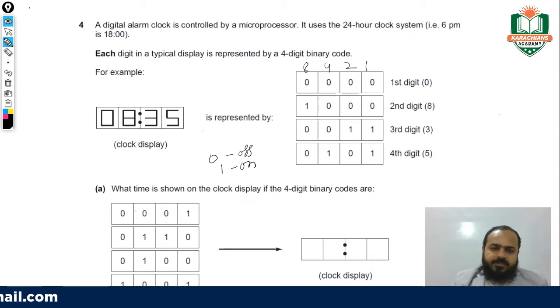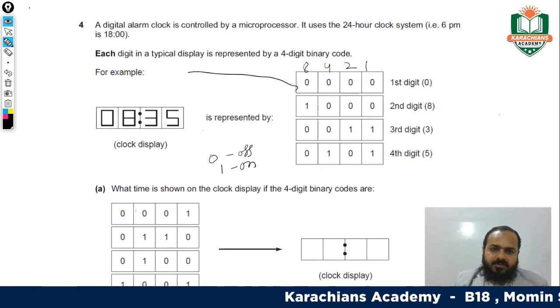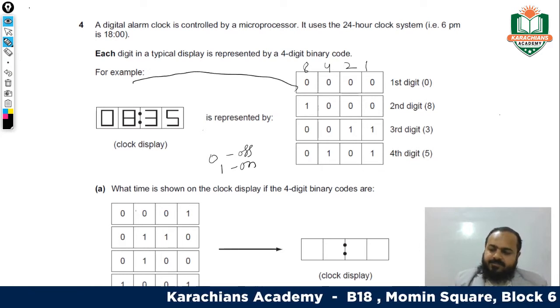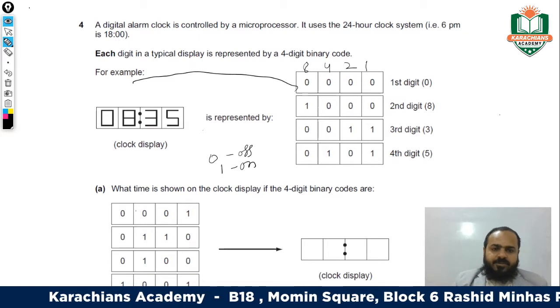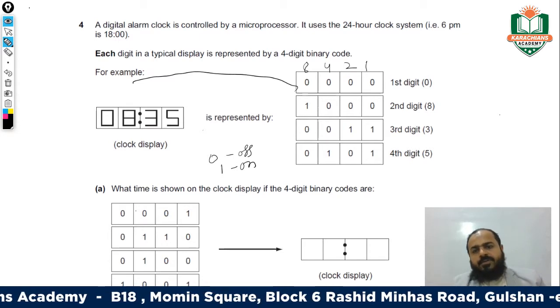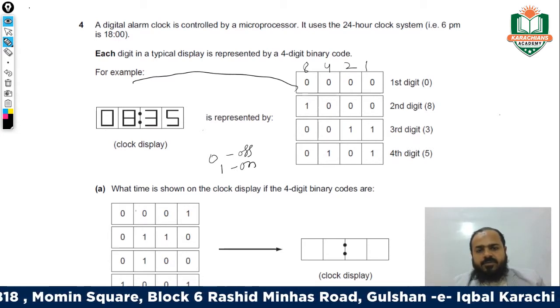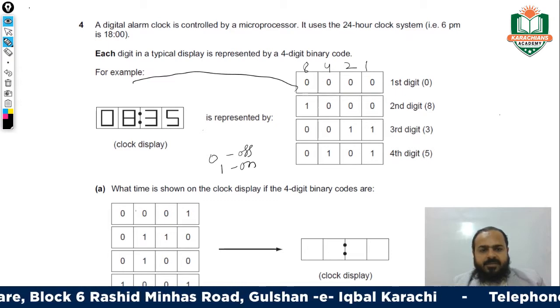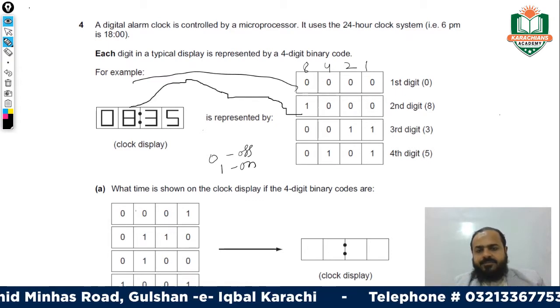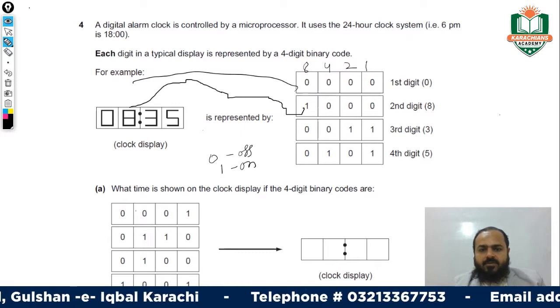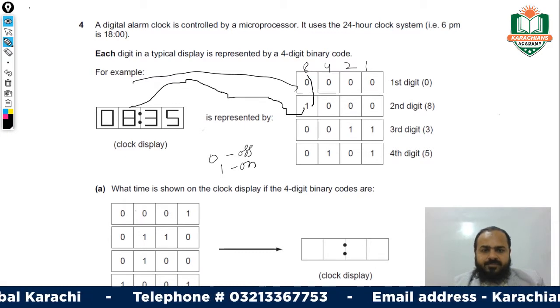Here we can see that at the top here, the first digit is 0. So all values are 0. And then we talk about the second digit, which is 8. And only 8 is power on here.